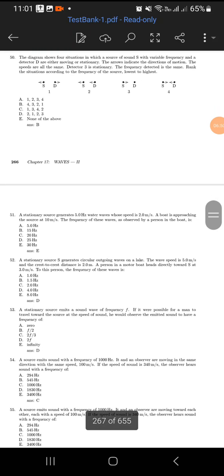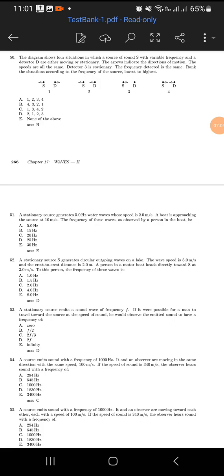So the diagram shows 4 situations in which a source of sound S with variable frequency and a detector D are either moving or stationary. The arrows indicate the directions of motion, so the speeds are all the same. Detector 3 is stationary.